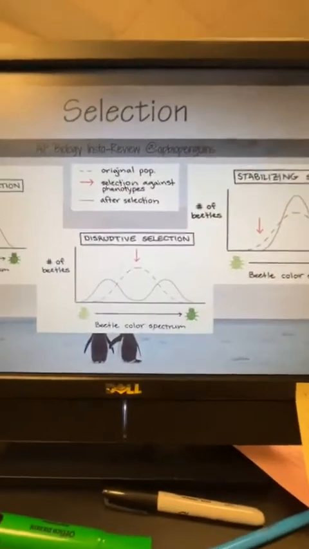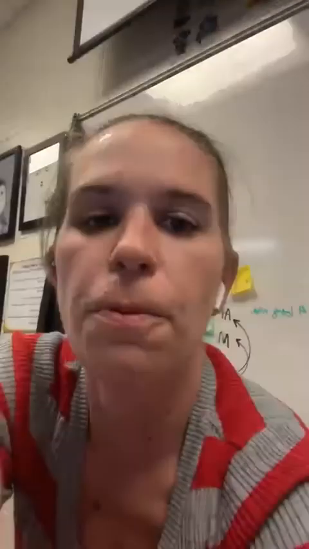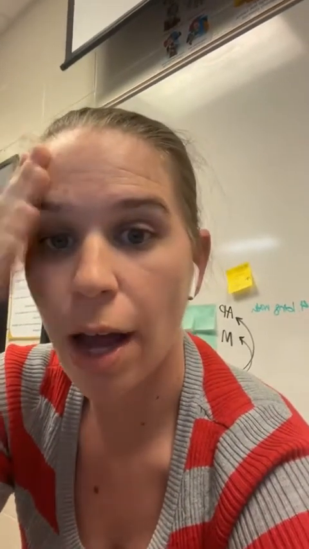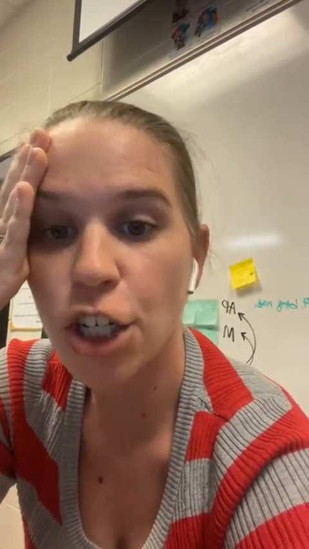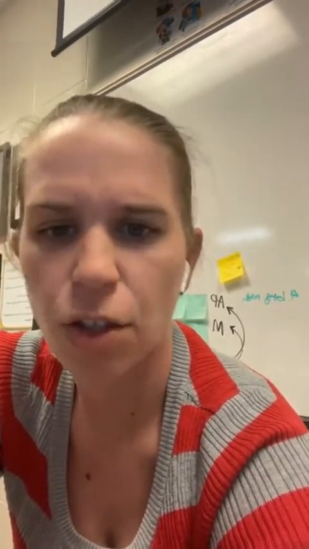So next we could have disruptive selection. An example we can use here is that there was a drought on Daphne Major where the finches were. And so there was a certain type of seed that was not surviving because of the drought.